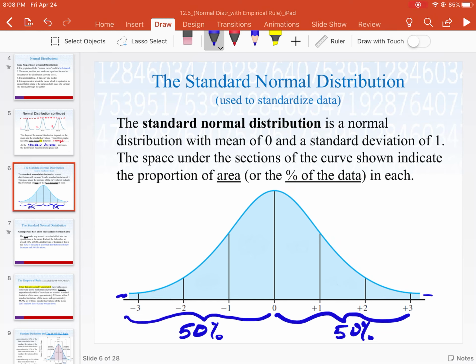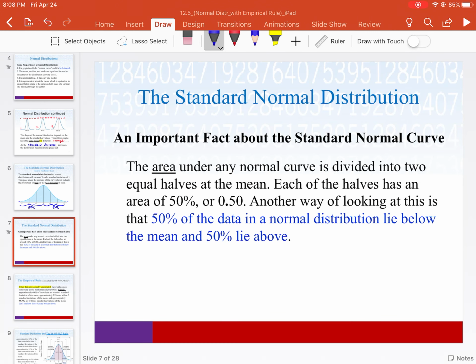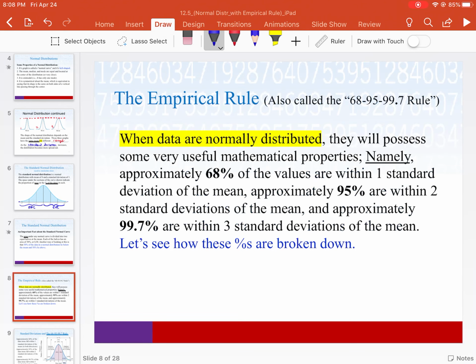But there's always a little bit. Always a chance for a new world record. Smallest shoe, largest foot. Smallest foot, whatever you want to say. Okay? Lightest baby, heaviest baby. Always a chance for a new record. So there's 50% above and 50% below. Okay? Let's look at this a little more closely.